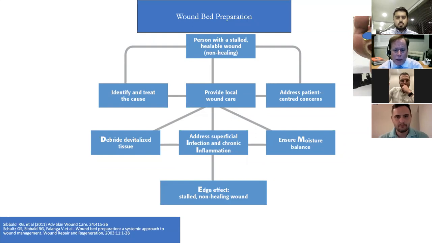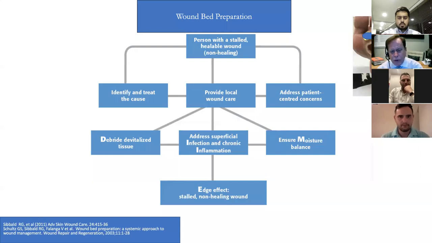First and foremost, certainly we want to find out if the wound is even healable. Secondly, we want to make certain that we're actually dealing with an ulceration and not something else like a skin cancer or vasculitis. We want to address patient-centered concerns. What's the patient's vascular status? What's their lipid profile? Are they compliant? Do they see their medical doctors on a regular basis, et cetera, et cetera?